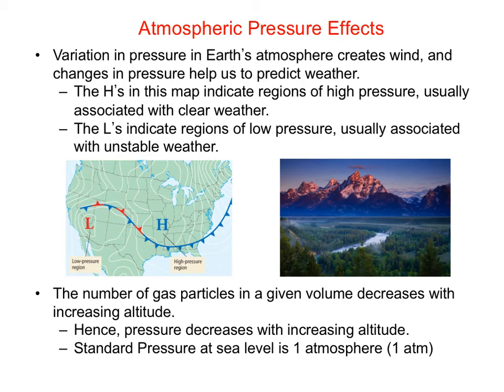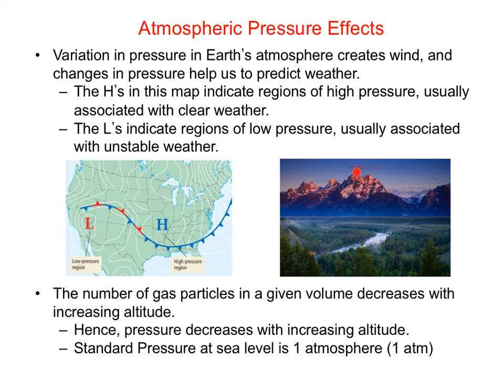Another way that we're influenced by atmospheric pressure is that as our altitude increases, as we get further from sea level, the atmospheric pressure decreases. When you're at sea level, the atmospheric pressure is roughly 1 atmosphere, and we'll talk about the units of pressure in a little bit.